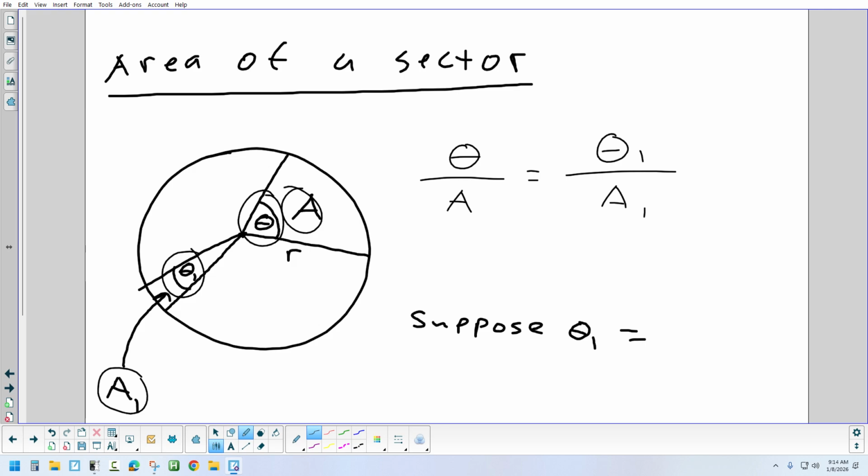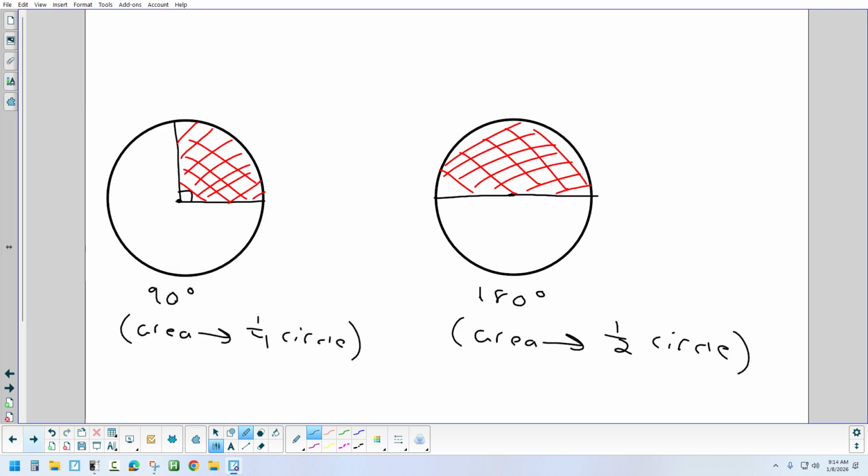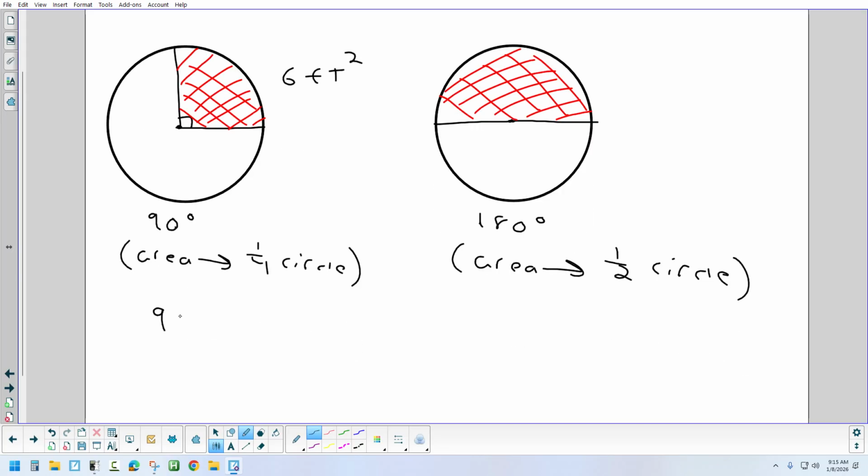Okay, so what we just did there would allow us to figure out, let's say that I told you the area for a 90 degree angle was 6 square feet. Well, if you know 90 degrees always gives you an area of 6, and you want to figure out the area for 180, that's how you do it. 90 always gives you 6, so 180 would give you 12.